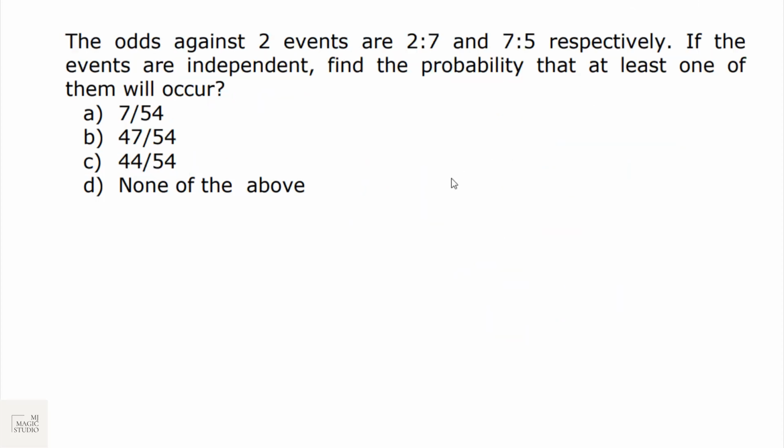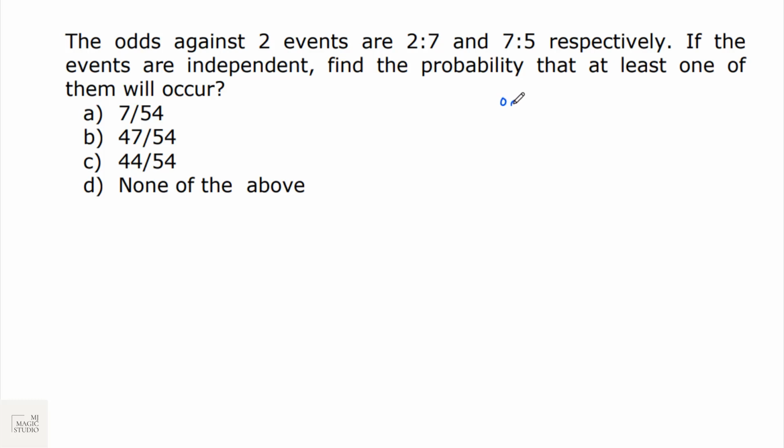An advanced take on probability where we would be using odds against an event, odds in favor of an event. Give it a try. Okay, let's check this. The odds against two events. Okay, what is the theory?